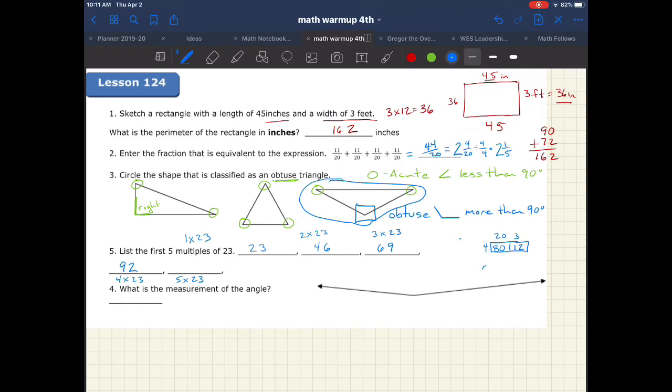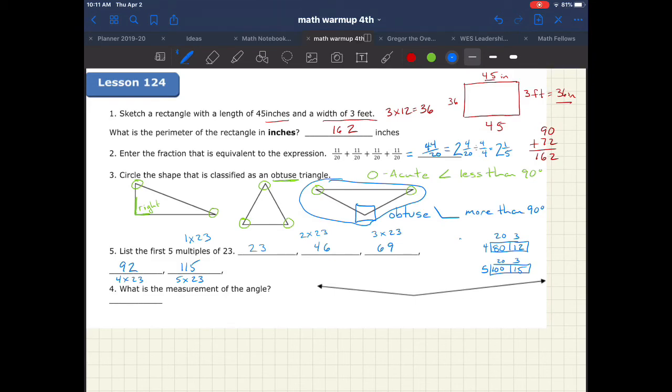And how about 5 times 23? 5 times 20, 5 times 2 is 10. Place one more 0. Looks like 115. So there are our first 5 multiples of 23.